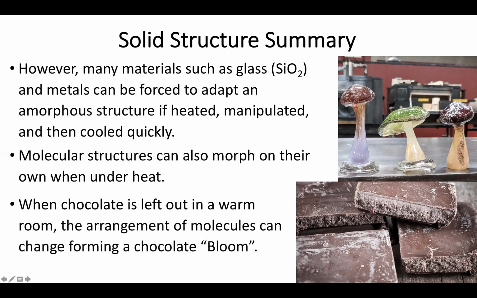So if you ever wondered what that white chocolate rot is on your chocolate, it didn't go bad. Say hello to your fats, say hello to your sugars. And that's more or less what ends up happening. So we can apply a lot of the lessons of crystal structures and solid species to everyday life.